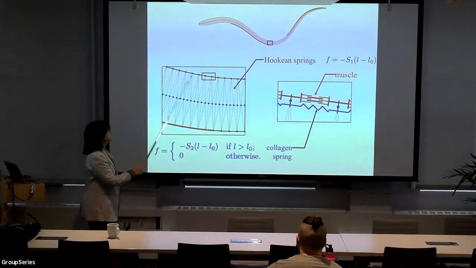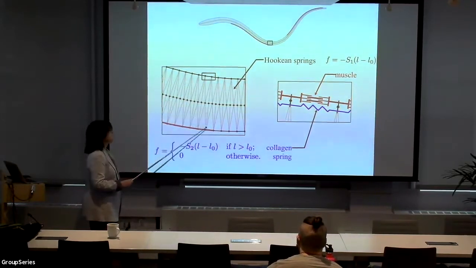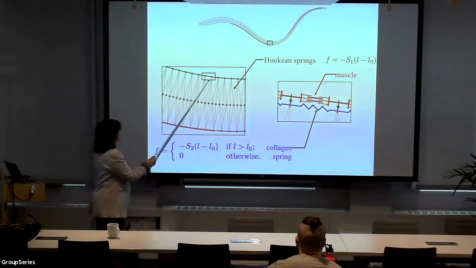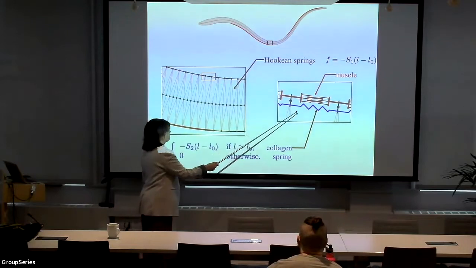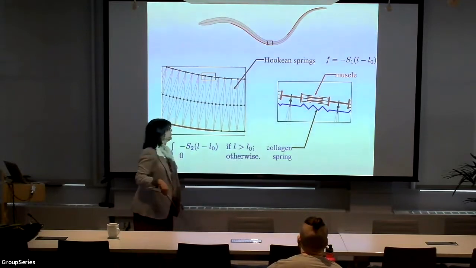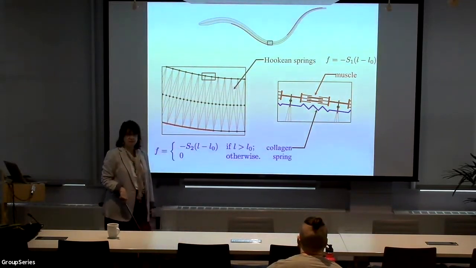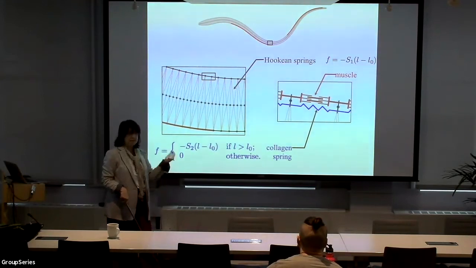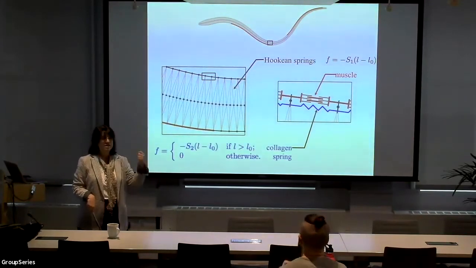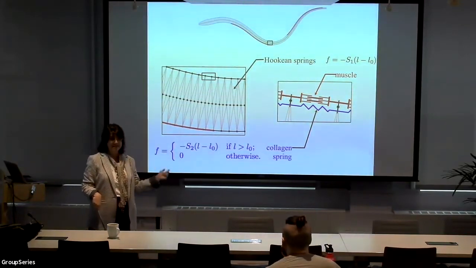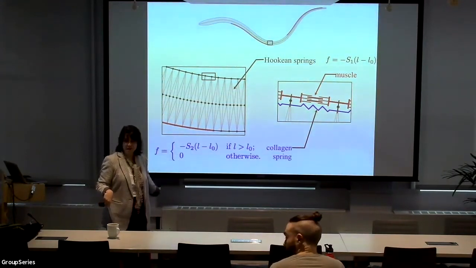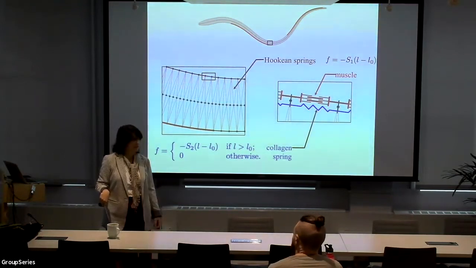Number one, there are passive elastic forces or Hookean type springs holding the whole structure together. Number two, on each one of these, we have a passive collagen type spring, but we also have activated muscles. Whether or not that muscle is activated depends upon certain muscle models, for sure, but it depends upon the signal from the neural system, which somehow is coming from those values of theta, the oscillators.